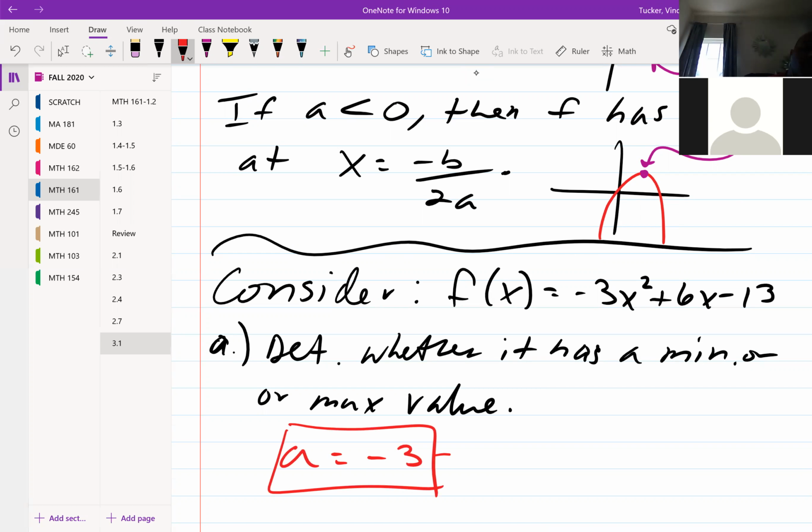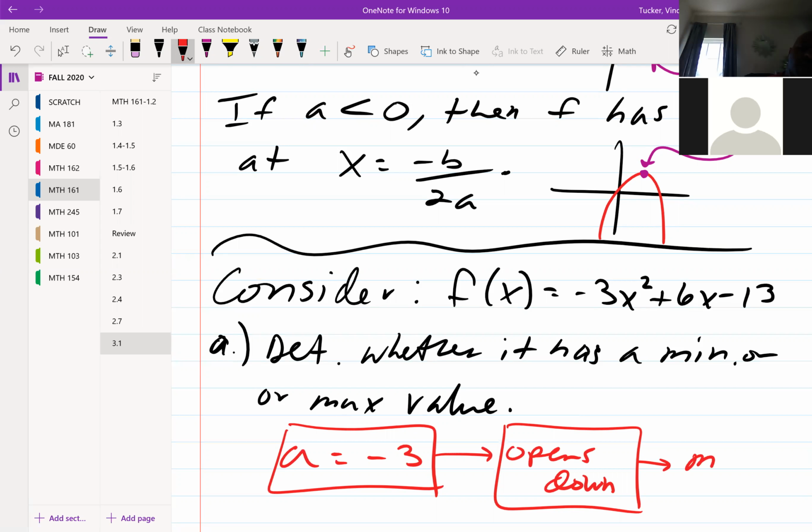Since a is equal to negative 3, that means it opens down. And if it opens downward, that means it has a max, a high point. If it opens up, that means it has a low point, which is a minimum.